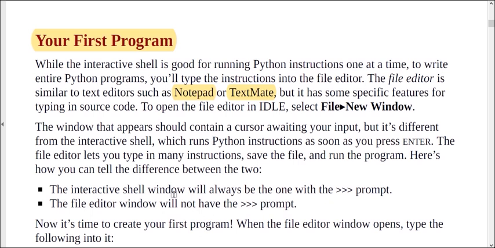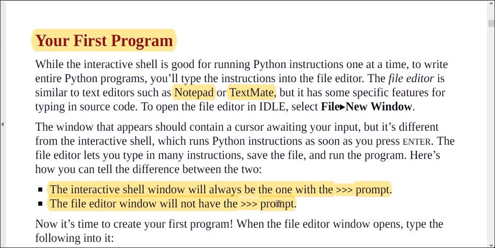The interactive shell window will always be the one with the arrow prompt, and the file editor will not have the arrow prompt. It will just have the single mouse cursor, which means that you can write your Python source code in that file. Now it's time to create our first program in the file editor.